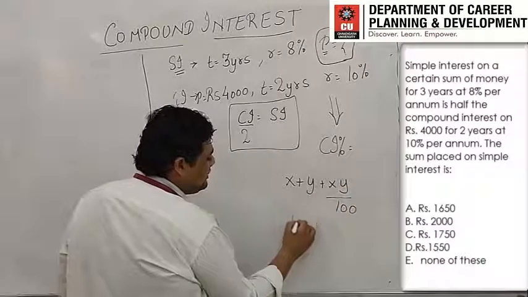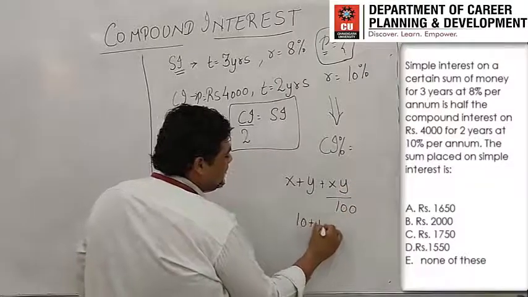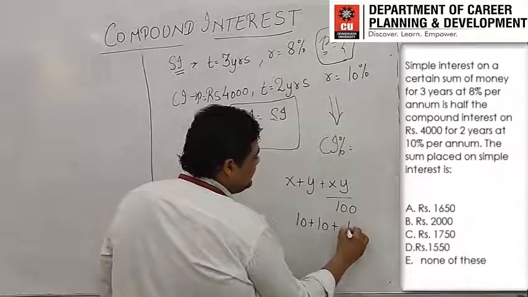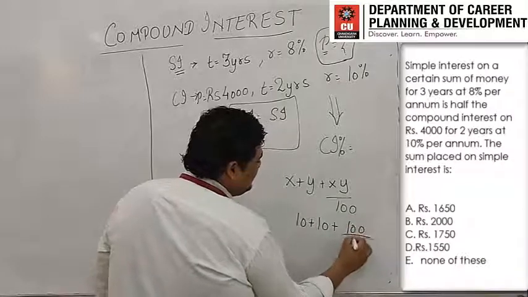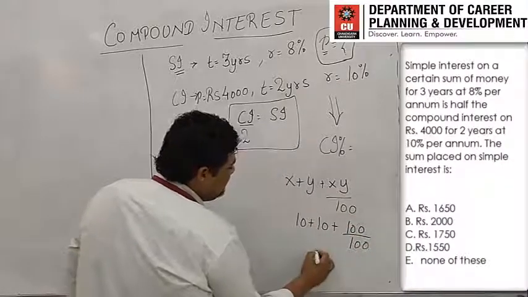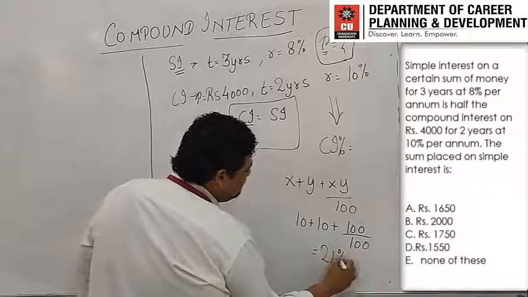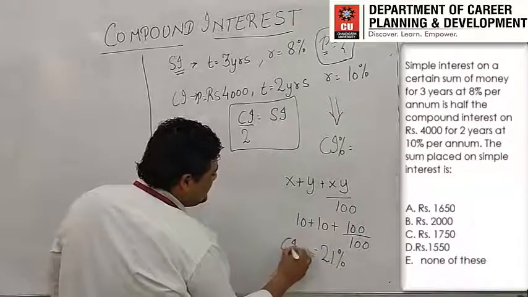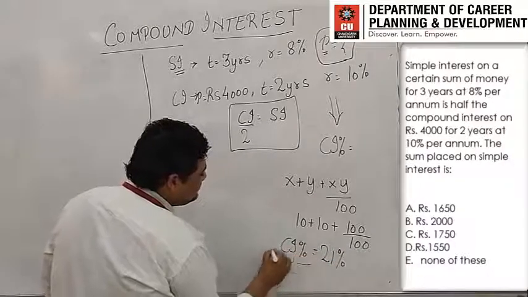This will be 10 plus 10 plus 10 into 10, that is 100, divided by 100. It will be 21%.